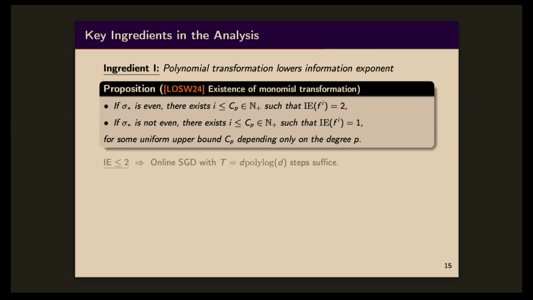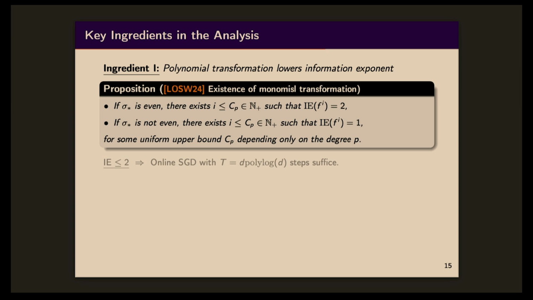Such that the information exponent is at most 2. In fact, it's only going to be 2 if the link function is even, because for an even function, no matter what transformation I apply to it, it's still even, and an even function has information exponent 2. So basically, after an appropriate monomial transformation, the information exponent is lowered to 2. Therefore, we only need to analyze online SGD with this batch reuse schedule up to d log d samples. Okay. This is analogous to phase retrieval.